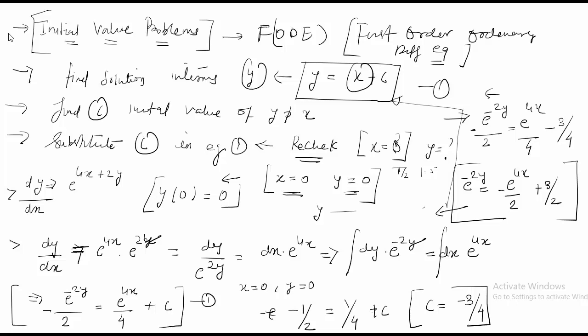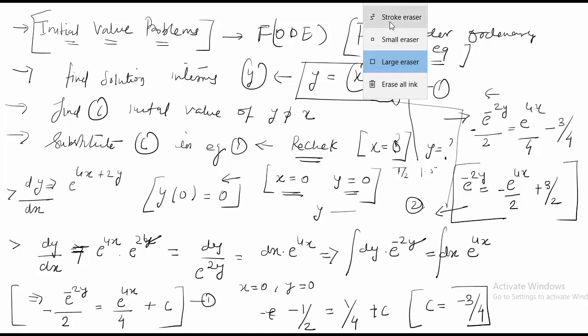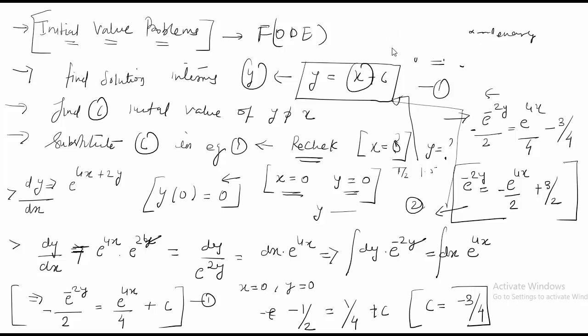To find y, I can take the log of this, and by taking the log what I find is minus 2y is equal to ln of e raised to minus 4x divided by 2 plus 3 by 2.